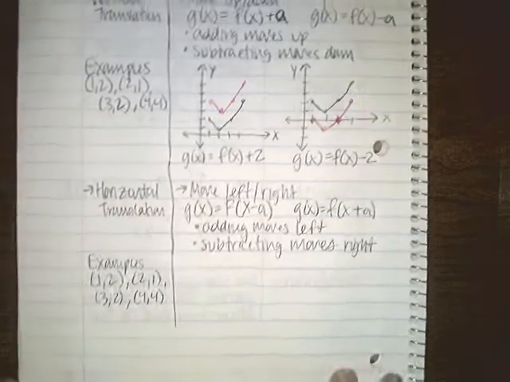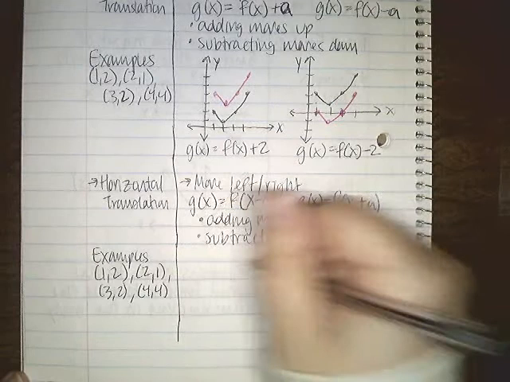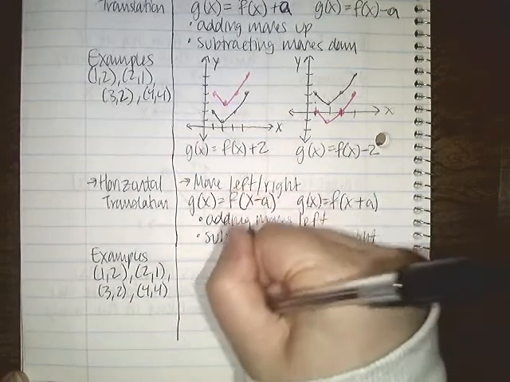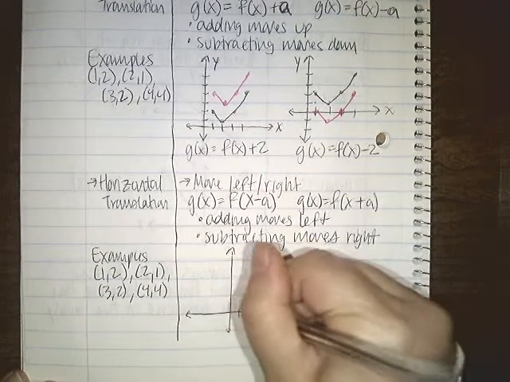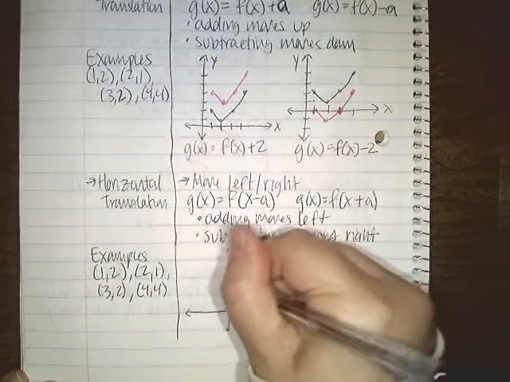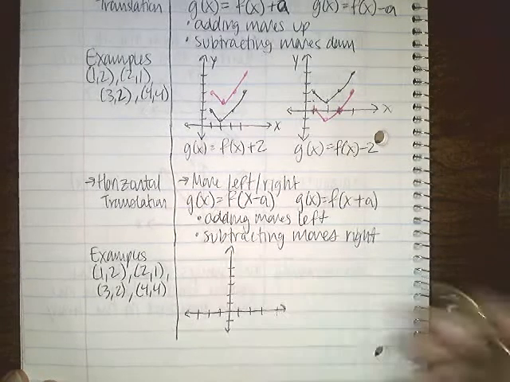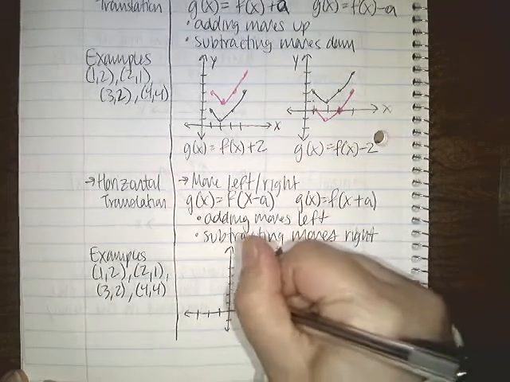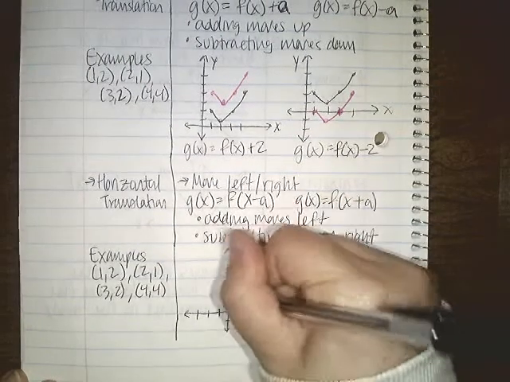But we're going to use the same coordinates for our original function when we're demonstrating our horizontal translations. So I'm going to start by sketching my original function. Okay, so I have (1, 2), (2, 1), (3, 2), and (4, 4).